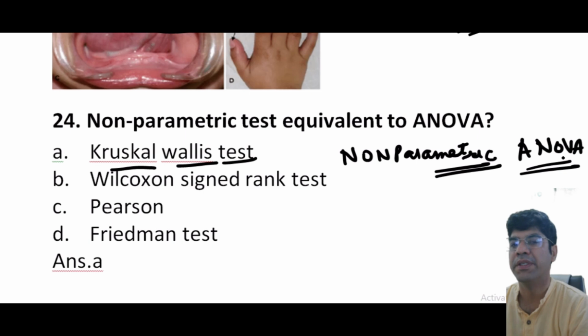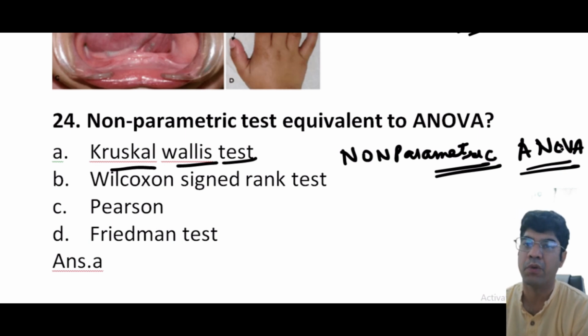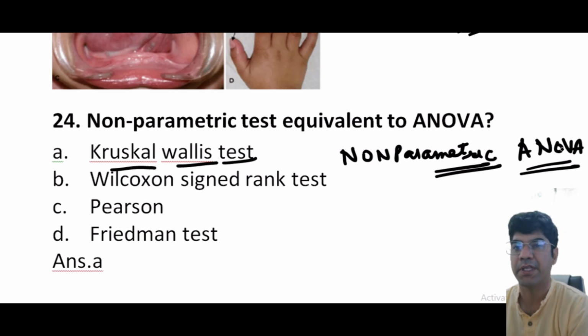ANOVA is a parametric test used to compare means across multiple groups, whereas Kruskal-Wallis is a non-parametric test used for the same purpose. ANOVA is appropriate for interval or ratio data, whereas Kruskal-Wallis is appropriate for ordinal or interval data.